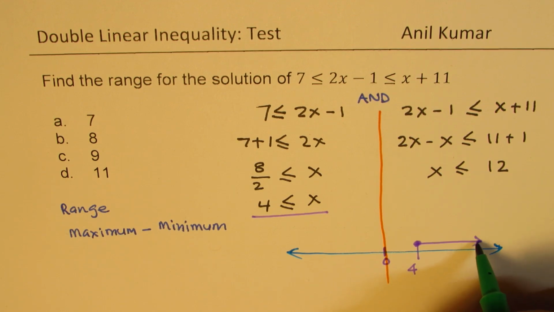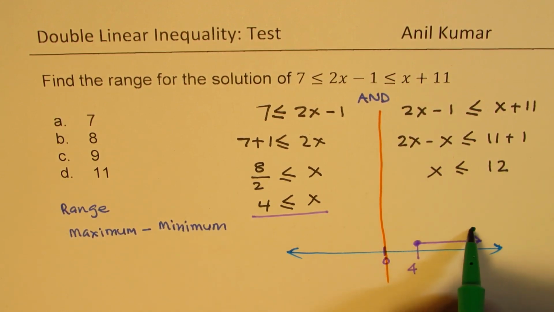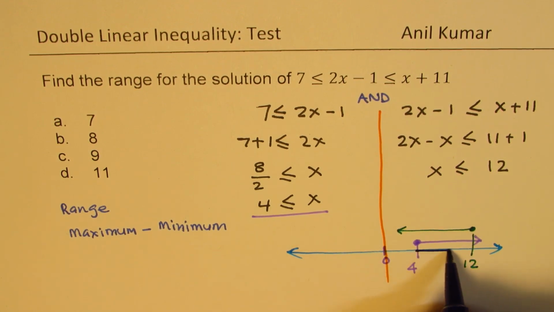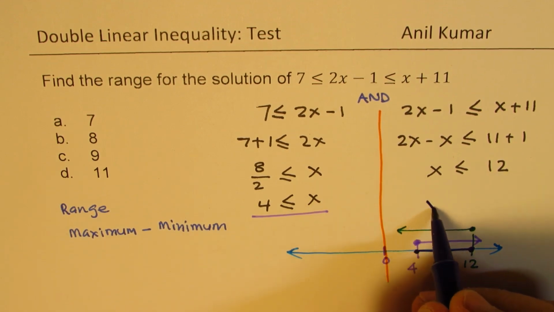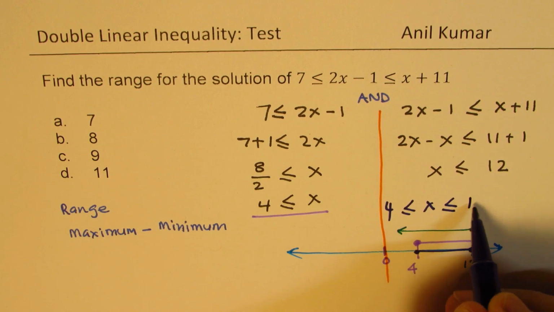So let's say this is somewhere here, we have 12, and we are saying that x is less than or equal to 12, correct? So on that side. So clearly, whatever is common between the two is this interval. So our solution is that x has to be greater than or equal to 4 and less than or equal to 12.